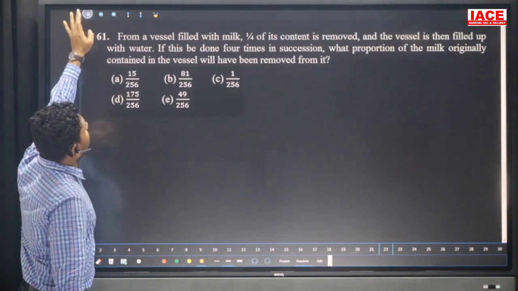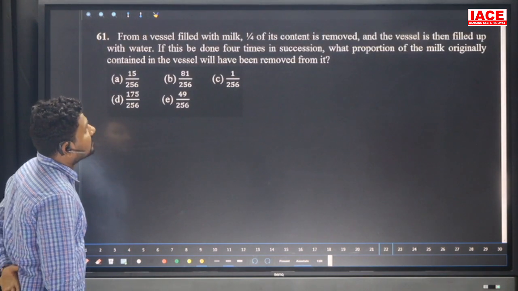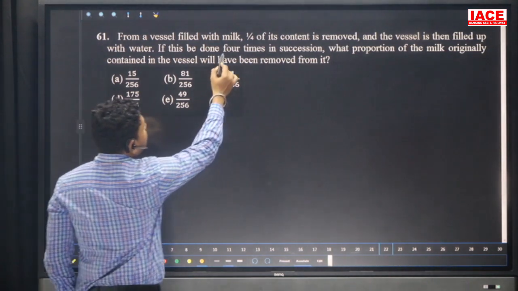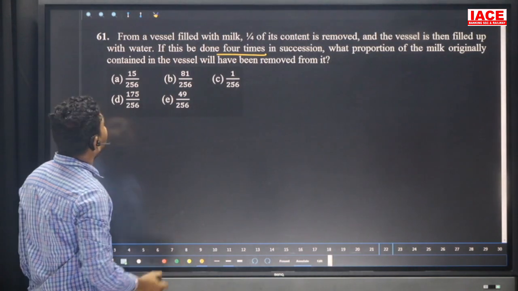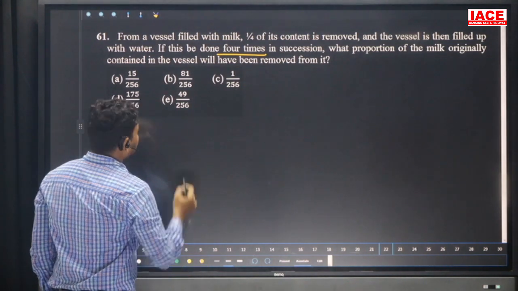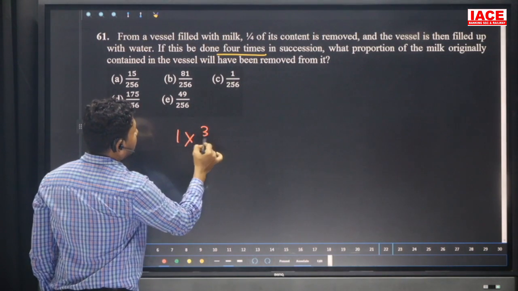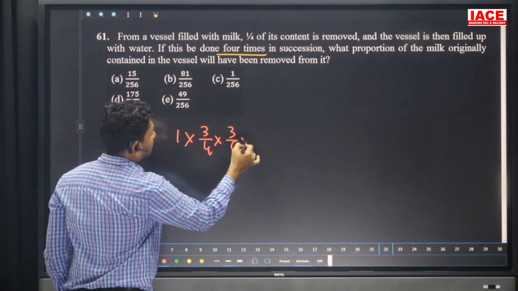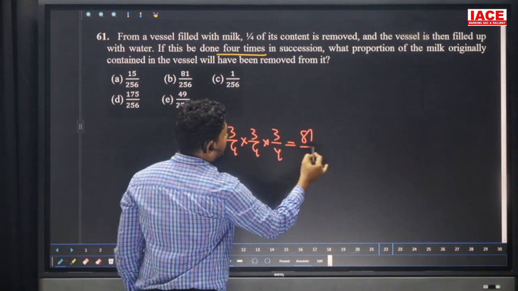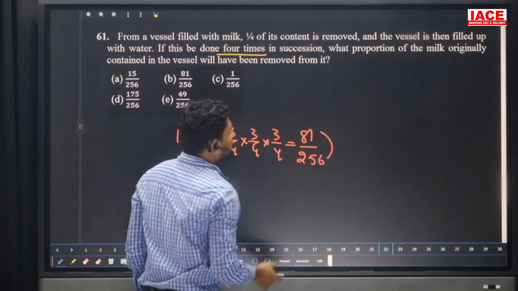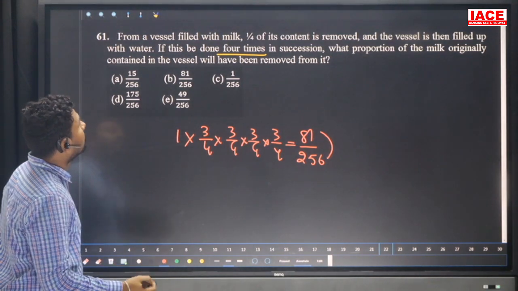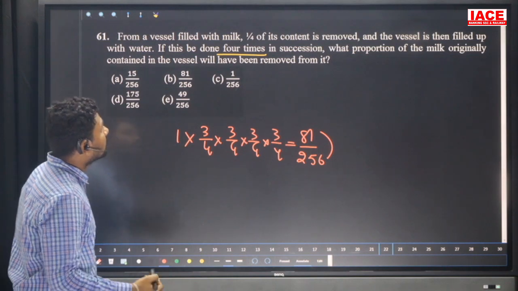From a vessel filled with milk, 1 by 4th of the content is removed and the vessel is then filled up with water. If this is done 4 times in succession, what proportion of the milk originally contained in the vessel will have been removed from it?